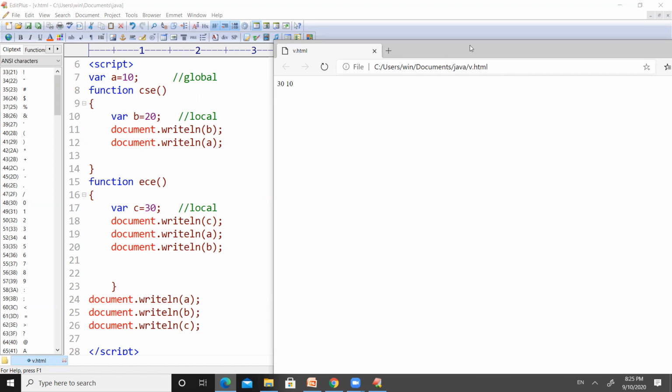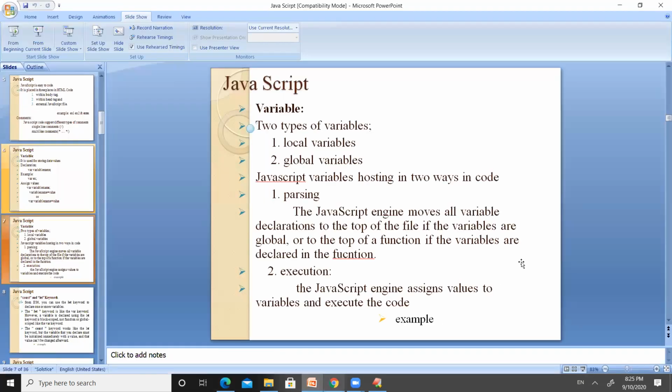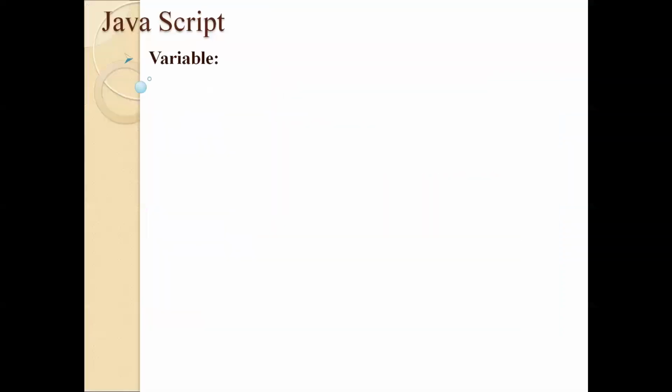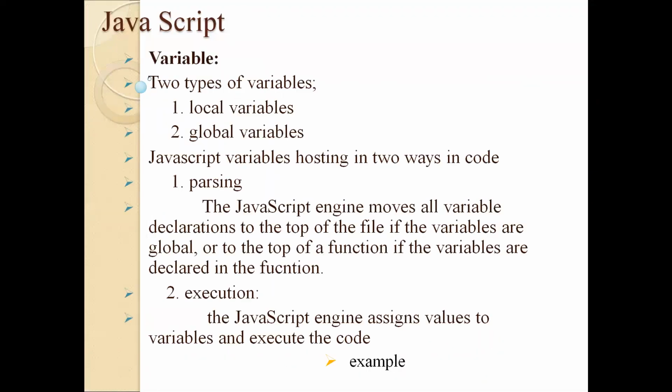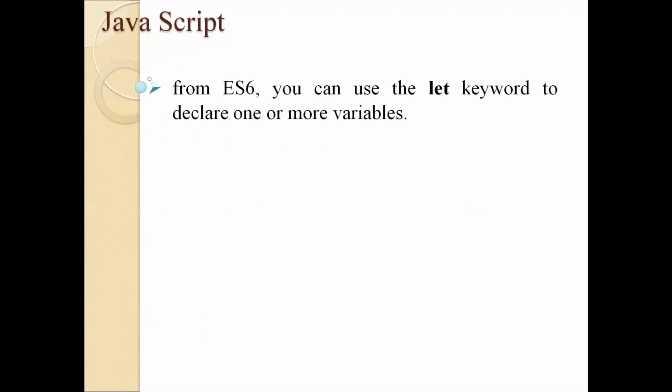So this is how we can work with local and global variables in JavaScript, right? So we have ended up here before going to the example. Next, let us have a good look at another important keyword in JavaScript from ES6. There are several versions of JavaScript, and from ES6 one keyword was added to JavaScript.